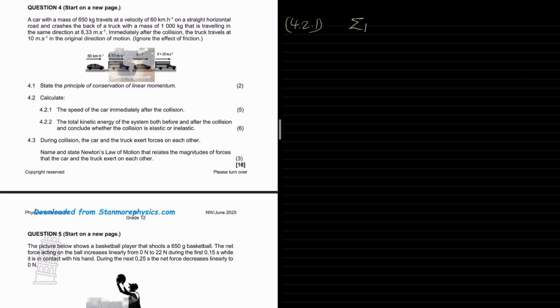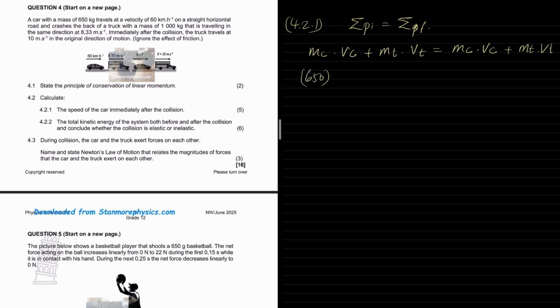So we'll say that momentum before is equal to momentum after. That means the mass of the car times the velocity of the car plus the mass of the truck times velocity of the truck is equal to mass of the car after, velocity of the car after, plus mass of the truck after, velocity of the truck after.